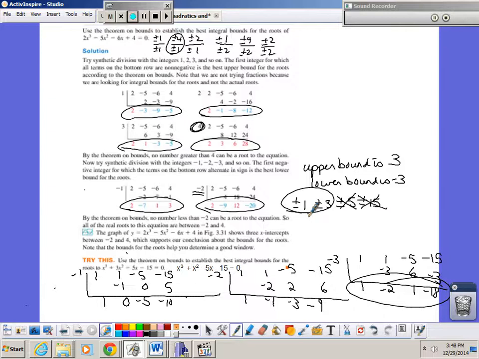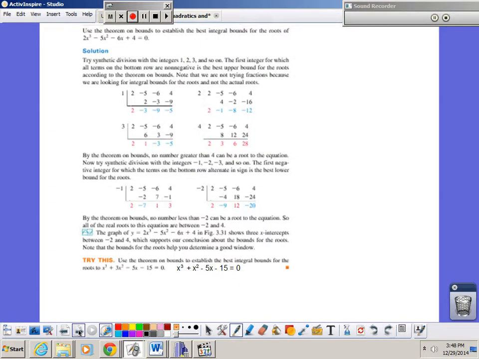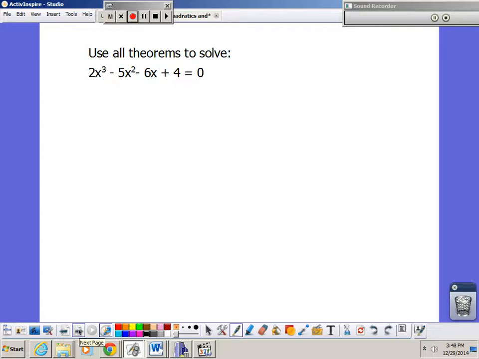So upper bounds, all positive parts of your quotient, when you finish dividing, and in lower bound, alternating signs. Okay, let's put it together. Oh my goodness.